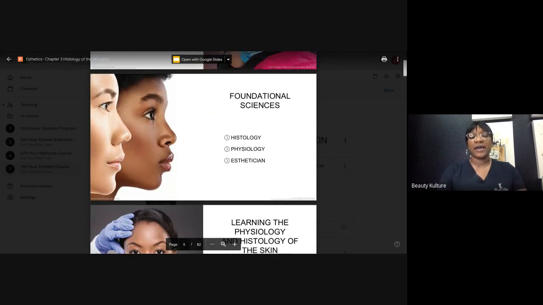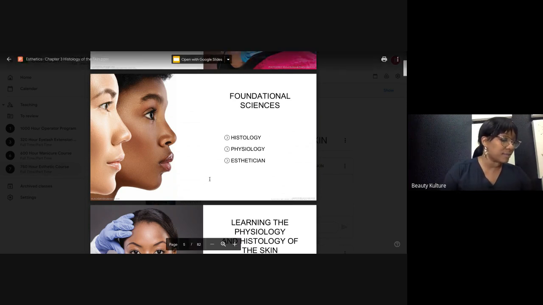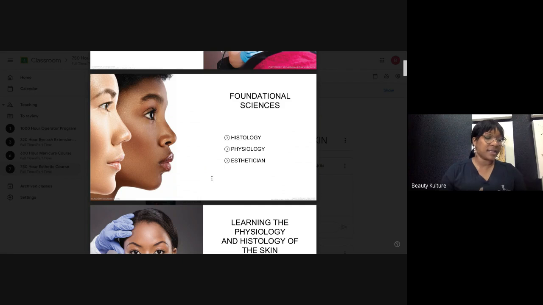So as far as foundational sciences, the term histology means the study of the structure and composition of the skin, or you can also call it the microscopic anatomy.